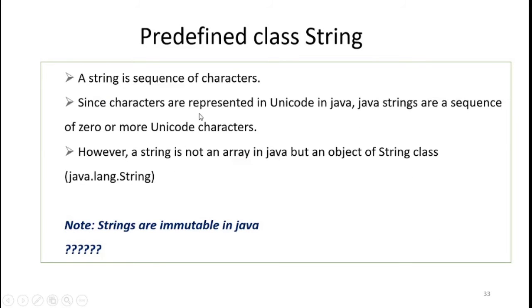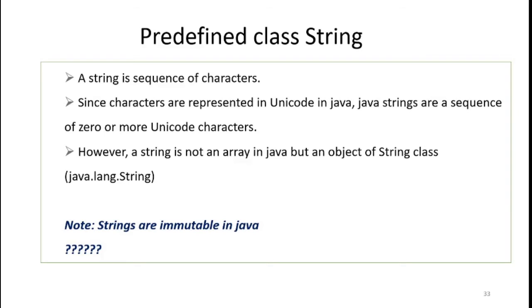Next one is the predefined class, that is String. So what is a string? String is nothing but a sequence of characters. String characters are represented in Unicode in the Java language. Java strings are a sequence of 0 or more Unicode characters.